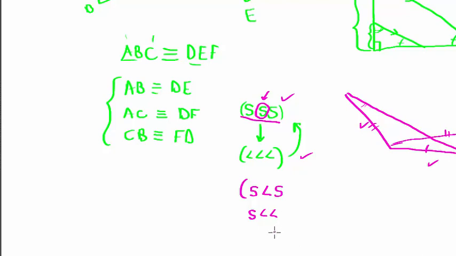Okay, and the reason why is because if I have two angles, I actually have three angles. Because the third angle is 180 minus the other two.